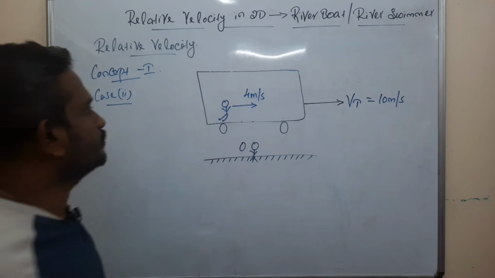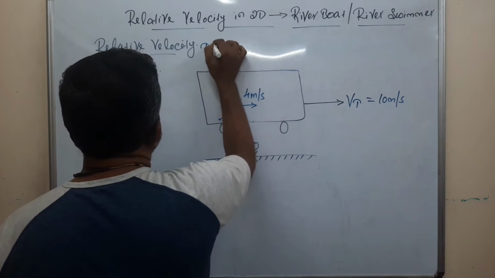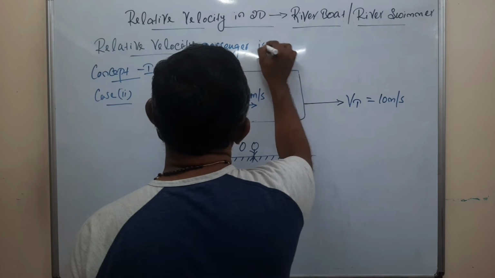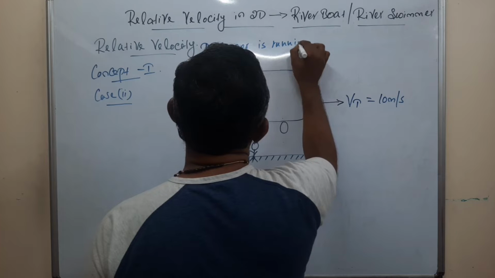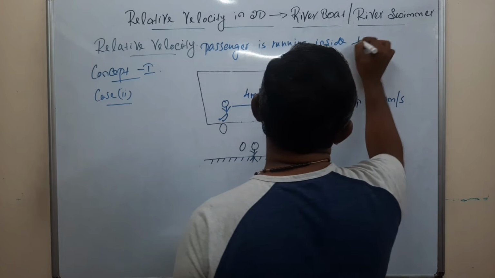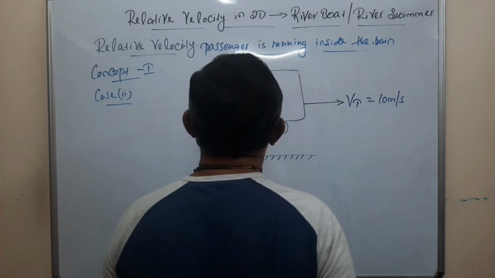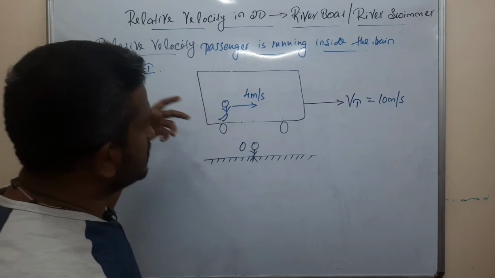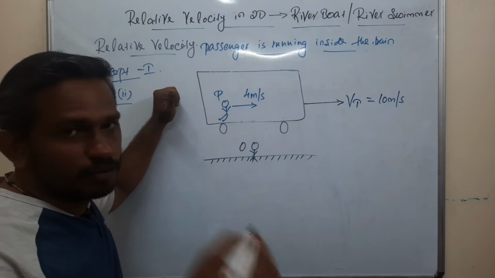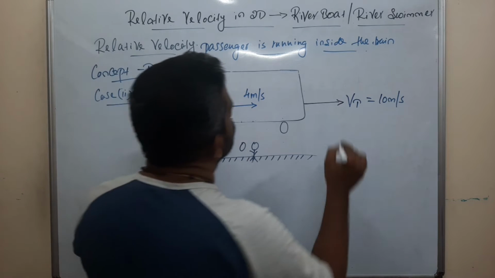4 meter per second relative to the train, that is very, very important. Relative to the train. So the second one: the passenger is running inside the train, that is P, with a speed of 4 meter per second in the rightward direction, relative to the train.